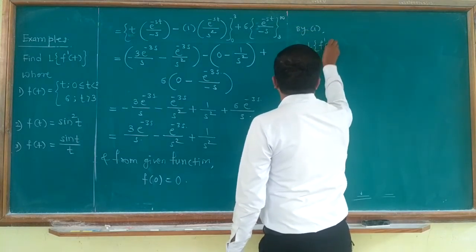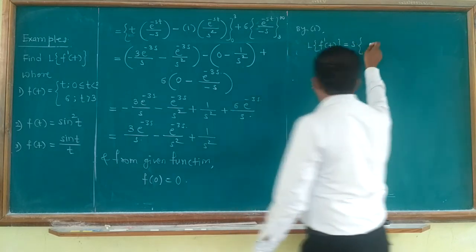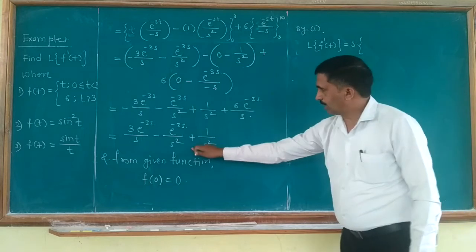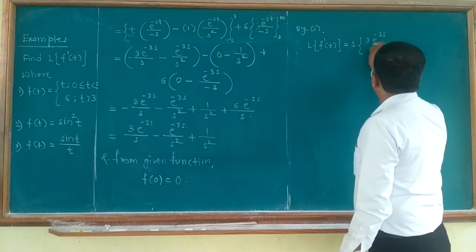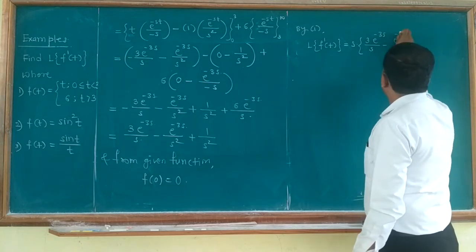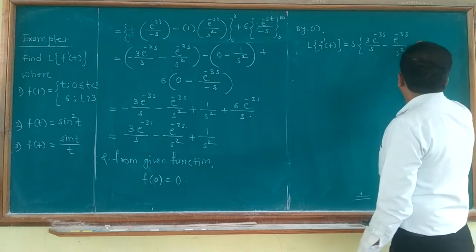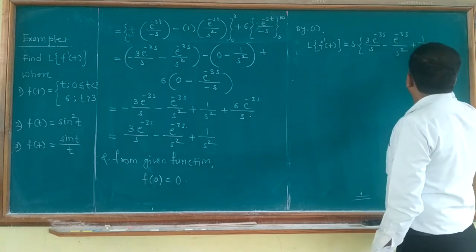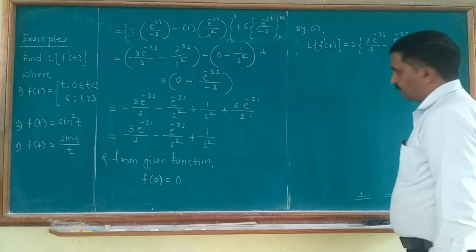Laplace transformation of f dash t is equal to s into Laplace of f of t. So this is the Laplace of f of t: 3 e raised to minus 3s divided by s minus e raised to minus 3s divided by s square plus 1 upon s square, and minus f of 0 is 0.